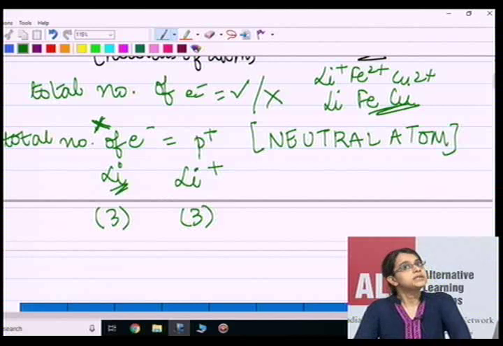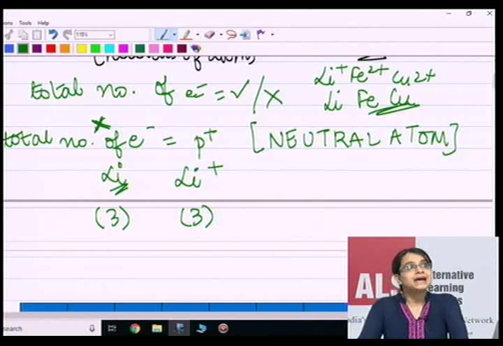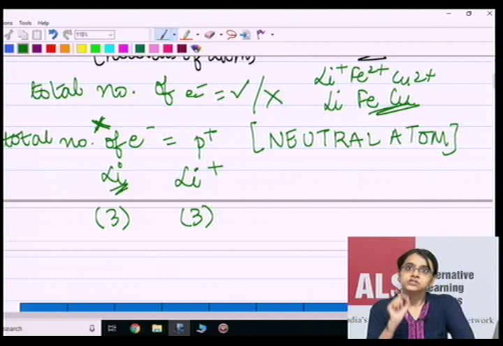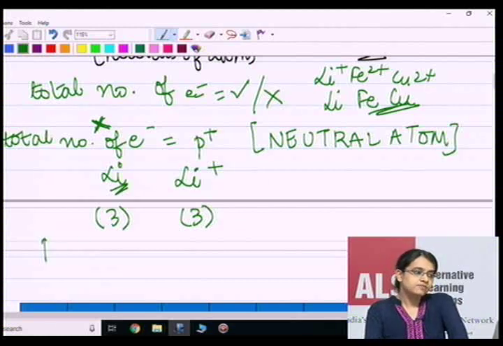Atomic number does not change even when an atom becomes an ion. Atomic number is an inherent property of an element, so it always remains the same. So the atomic number of lithium or lithium ion is always going to be the same, which is equal to 3.